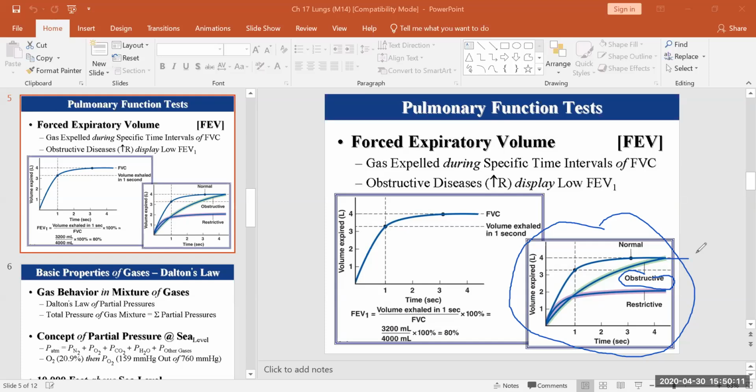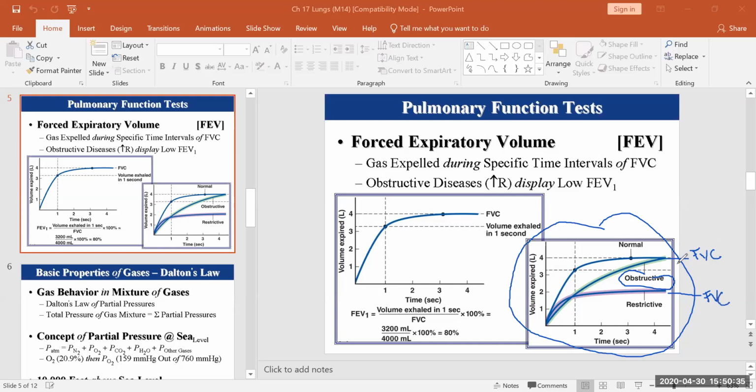So in the case of obstructive, the forced vital capacity is the same as the normal patient. But in the case of restrictive, you cannot have a forced vital capacity as high as a normal patient, right?